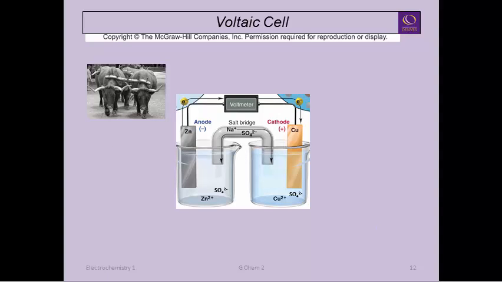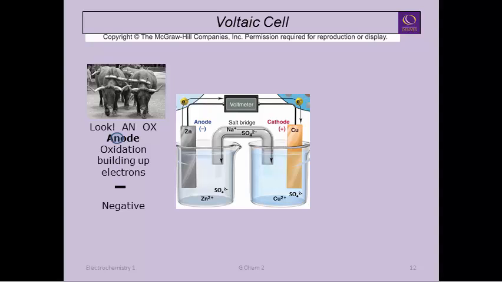Now, where the oxidation has taken place, you're going to generate electrons, therefore that is negative. That's called an anode. And a mnemonic I have for that is, an ox, an anode. So anode is associated with oxidation. And consequently, because it's releasing electrons, they're going to build up, so the charge on that is negative.